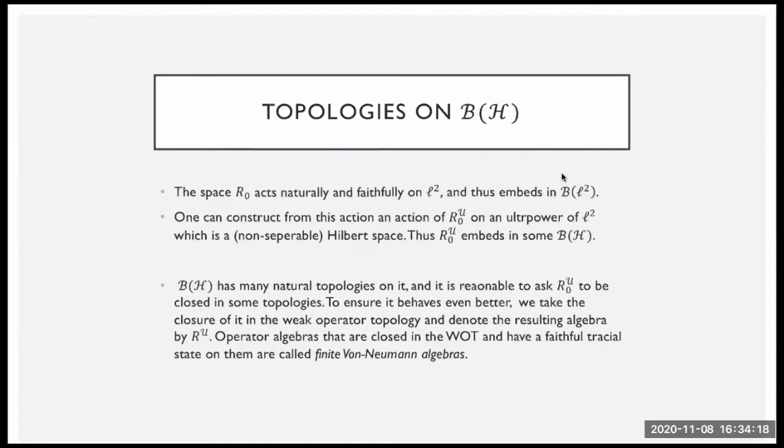I just wanted to say, is it correct to think about it in the following simple way: this R naught is basically an ultra product of n by n matrices, not n by m by n matrices, with m being 2 to the n, and n goes to infinity.